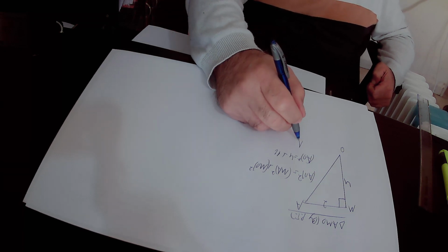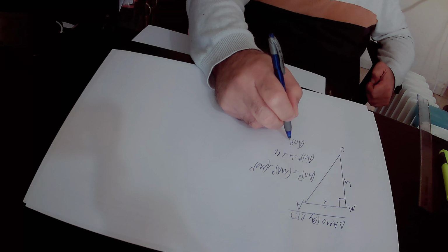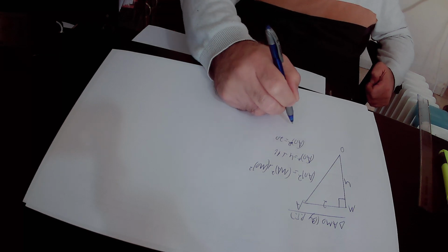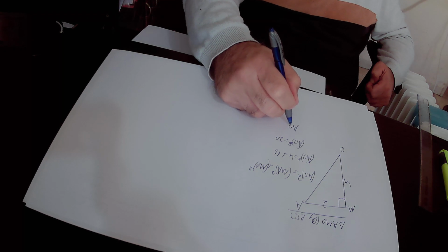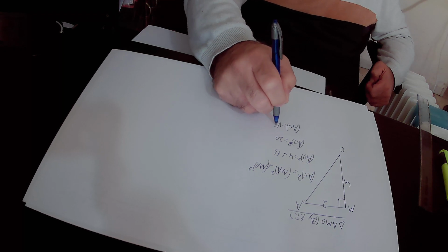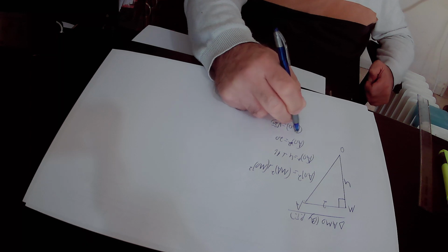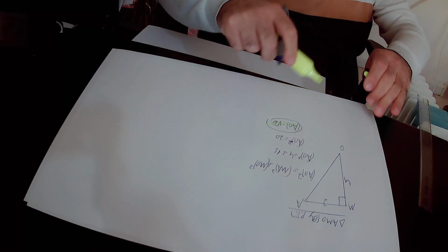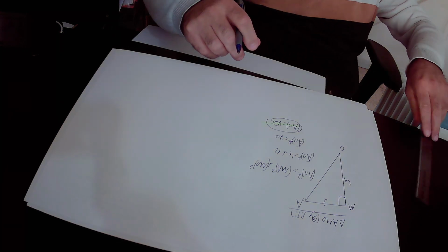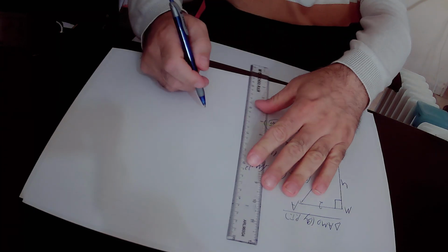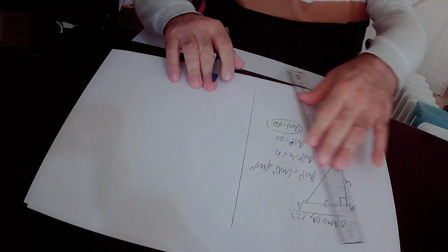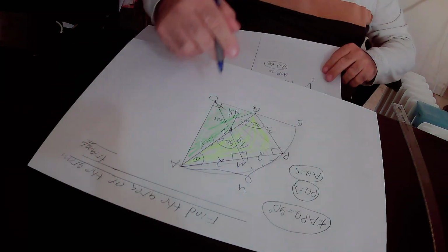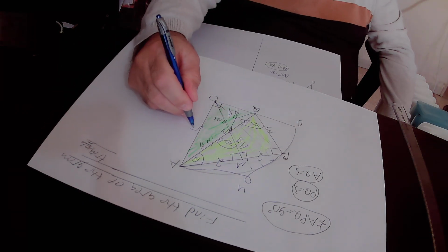So AO squared equals 4 plus 16, that is 20. We take the square root of this equation and finally we get that AO equals the square root of 20 units. I write it down in the original drawing that AO equals the square root of 20 units.